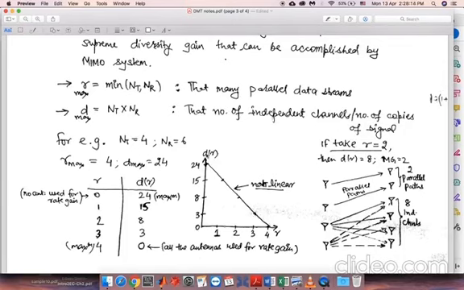Graphically we can represent this table where the x-axis represents R and the y-axis represents D. It seems quite linear, however it is not linear. I have mentioned here it's a rough graph. It will be curved like this, right?